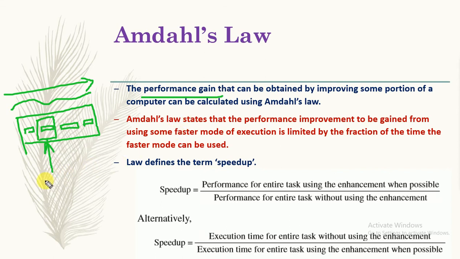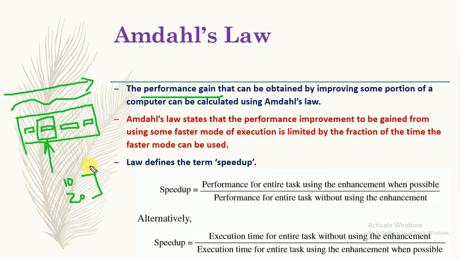For example, the normal system, if it is working normally, I'll take the performance as 10, and if we improve this area, the performance is, for example, improved to 20. I am simply giving two values just for understanding.